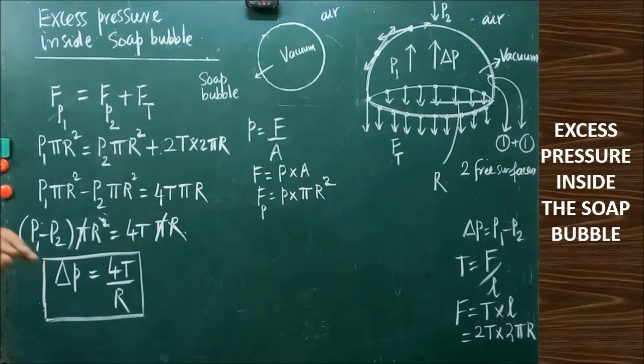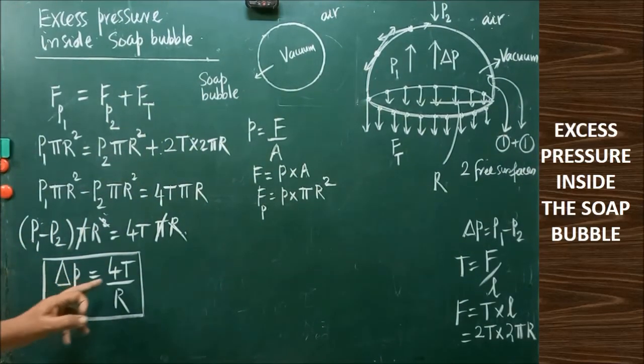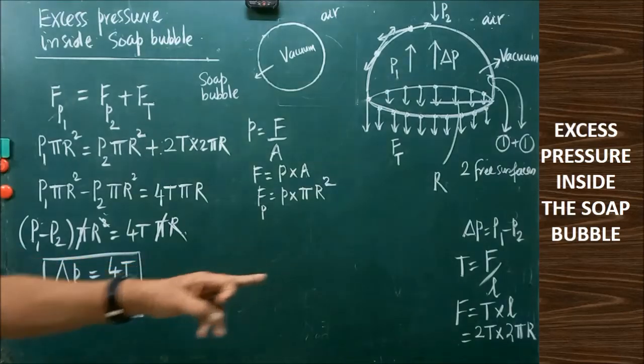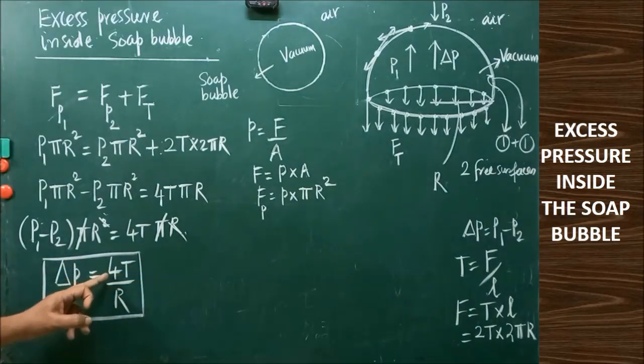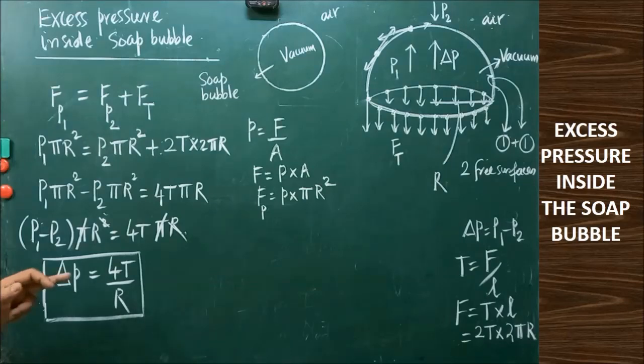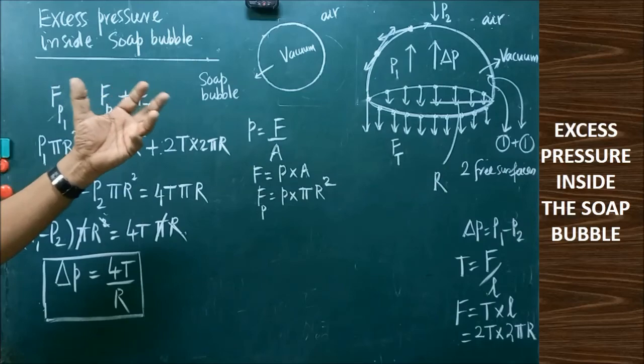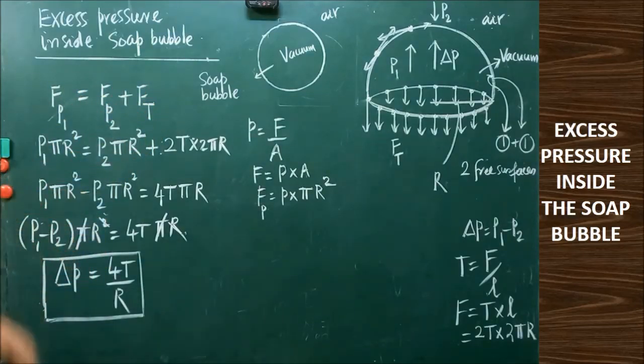Only in the case of soap bubble can the expression 4T by R be observed, because two free surfaces are there. That's why in the final expression you could see the number 4. In the case of liquid drop and in the case of air bubble, del P is 2T by R. So be thorough with all expressions. Are you clear? So for the soap bubble to remain in spherical shape, how many forces are required?